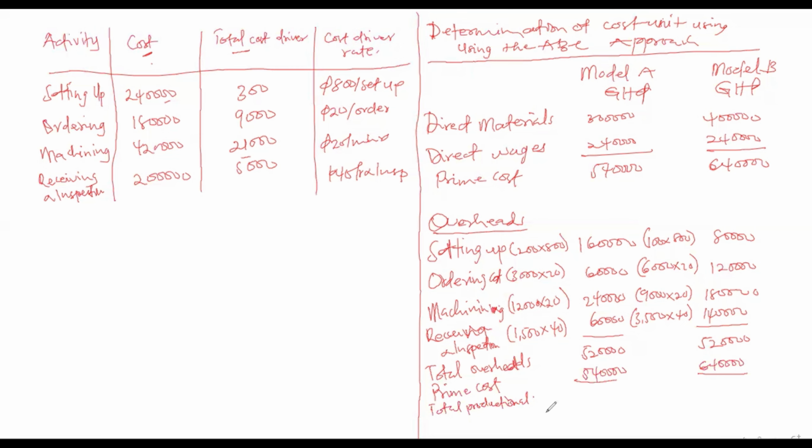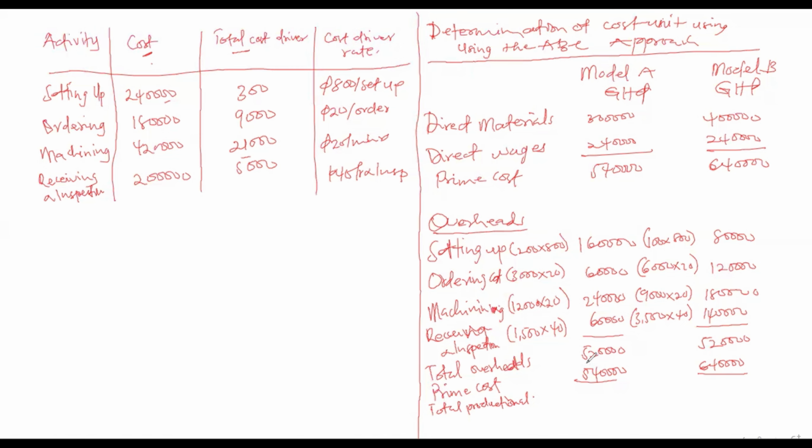If the prime cost is per unit, you have to divide the total overheads by the units produced to get overheads per unit before you add.